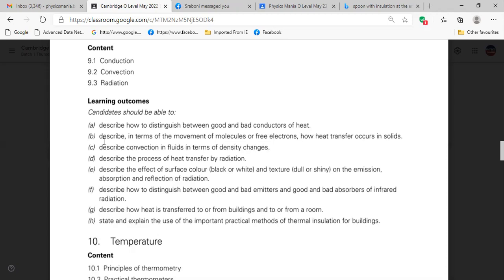That's why metals are very good conductors. In all other solids, we have the vibration of molecules, but the energy transfer is not as much as in metals.